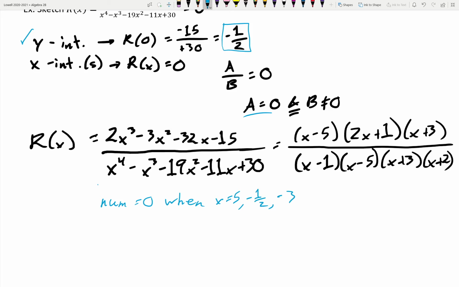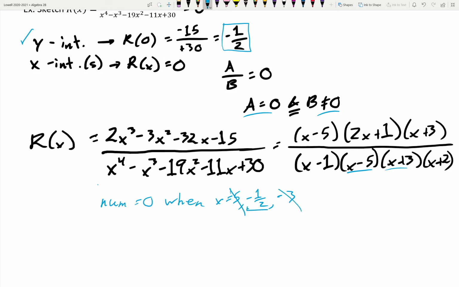The other important aspect is that the denominator also has to be not 0. So when is the denominator equal to 0? When x equals 5, the denominator is also 0, so that's going to be removed from the list. Also when I plug in negative 3 right there.